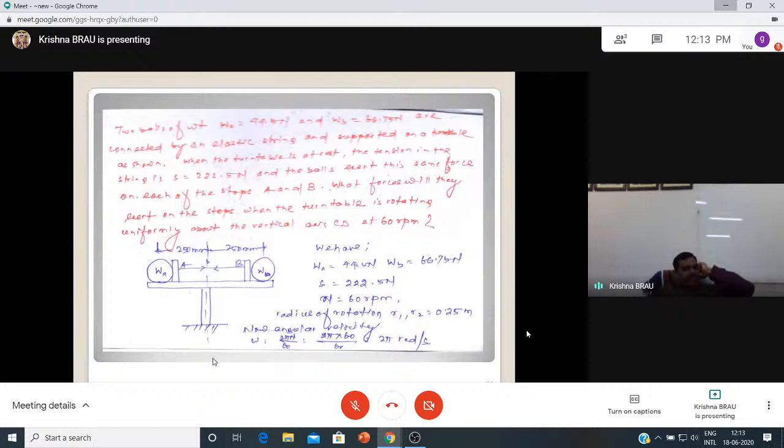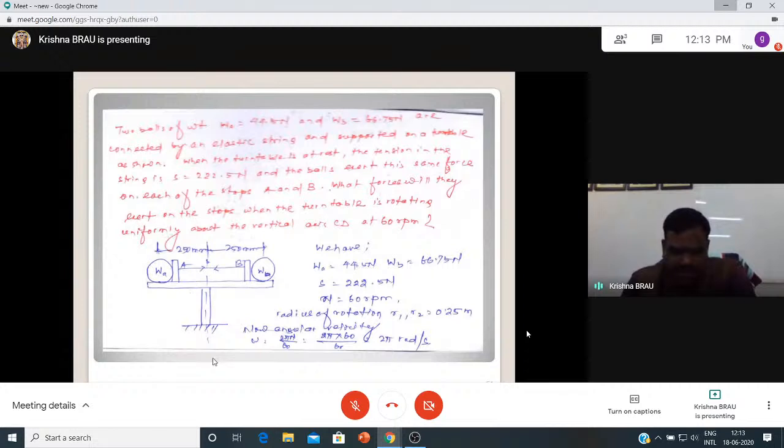In the schematic representation, weights are given: WA is 44.5 newtons, WB is 66.75 newtons, and S, the tension in the string, is 222.5 newtons.